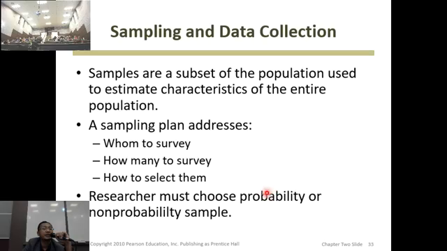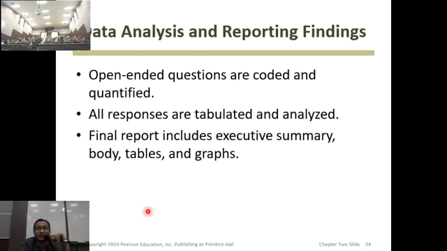An example of this is convenience sampling. Convenience sampling is that whoever is convenient to you becomes your respondent. Okay, that's convenience.